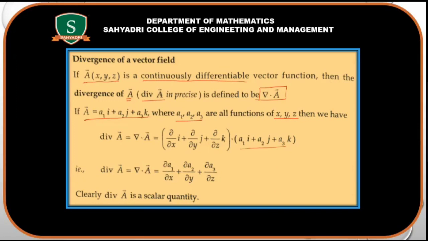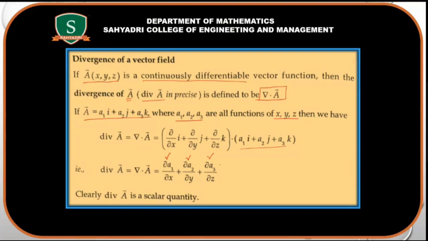So if you apply the dot product, what happens? As we have learned in the first topic on the dot product, you have to apply i terms to i term, j terms to j term, k terms to k term. So dou by dou x of A1 you apply first, next dou by dou y of A2, next dou by dou z of A3.